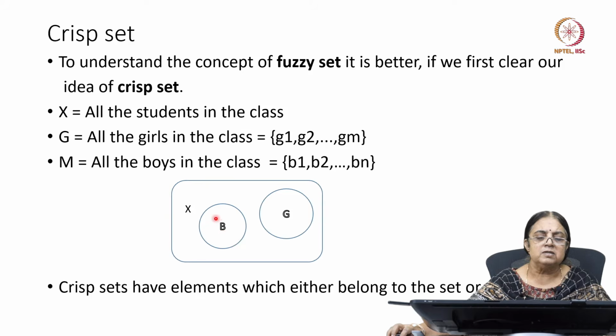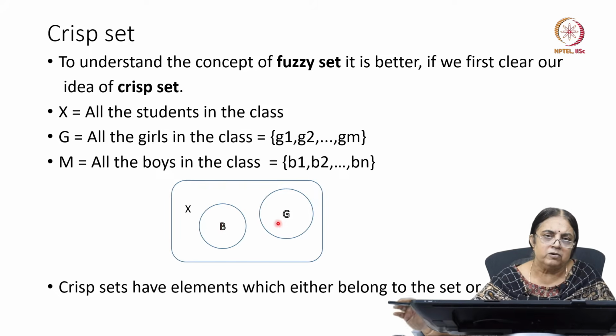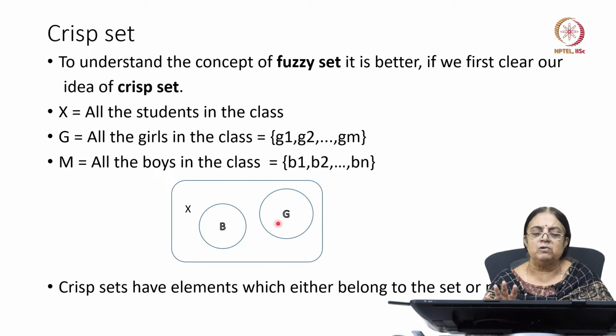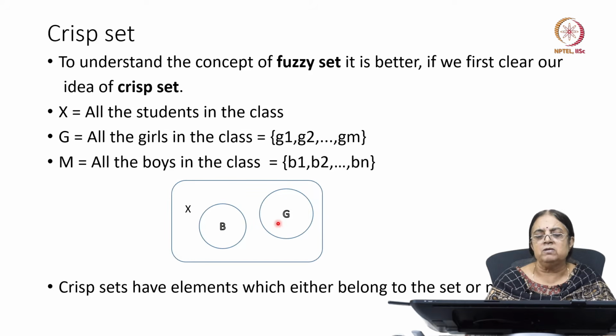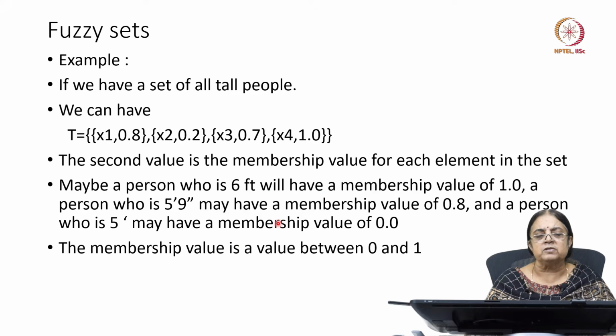In this case, a student in the class either belongs to B or belongs to G; they either are a member of the set or they are not a member of the set. These types of sets are called crisp sets.